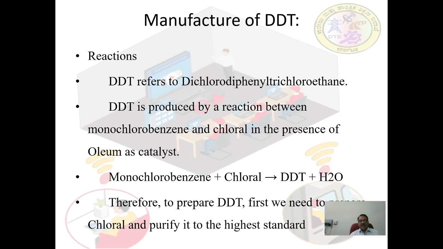Ethanol is chlorinated to chloral directly, or ethanol can be oxidized to acetaldehyde and then chlorinated to chloral. In the second step, monochlorobenzene is produced by reacting benzene with chlorine, and the final stage of reaction is between monochlorobenzene and chloral, which gives DDT and water.